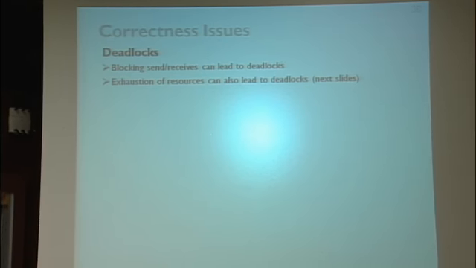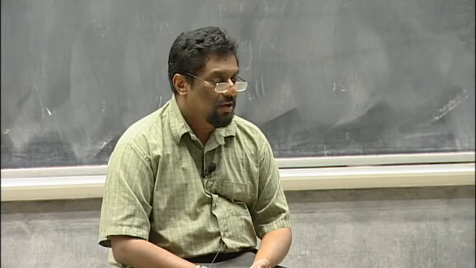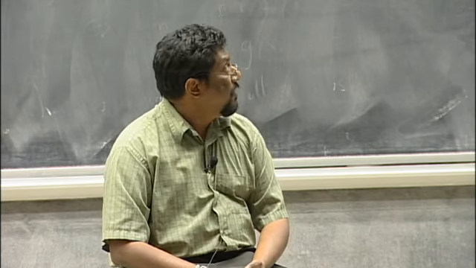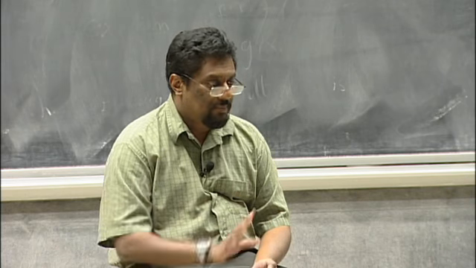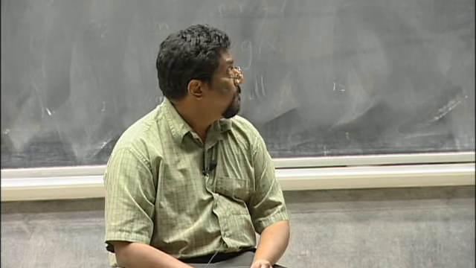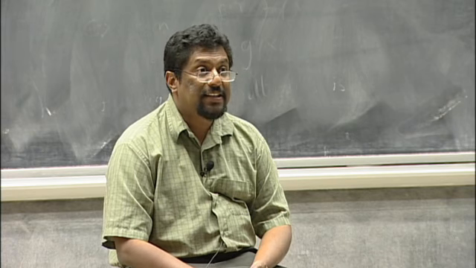Of course, you have to worry about a lot of correctness issues. One is deadlocks. There are two types of deadlocks. That's blocking sends and receives that we talked about. But there are also other types of deadlocks that happen because of resources. Let me get to that in the next slide. And the other interesting thing that can happen is stale data.